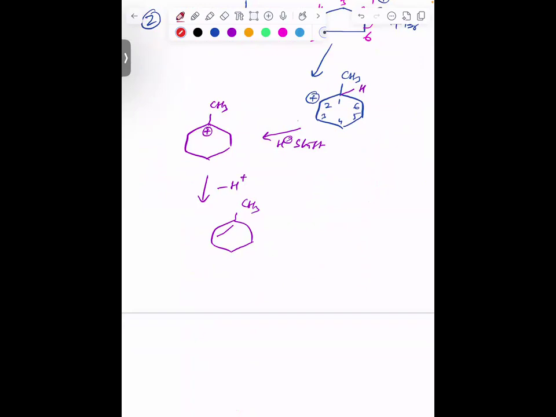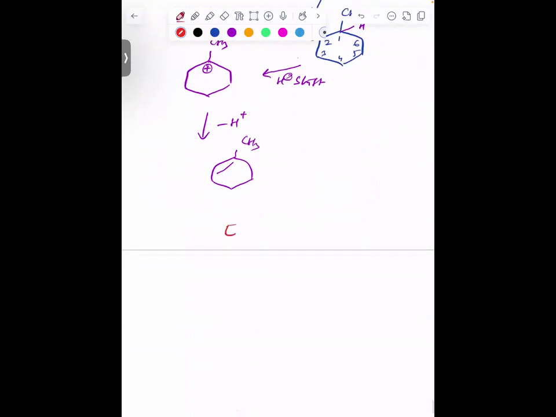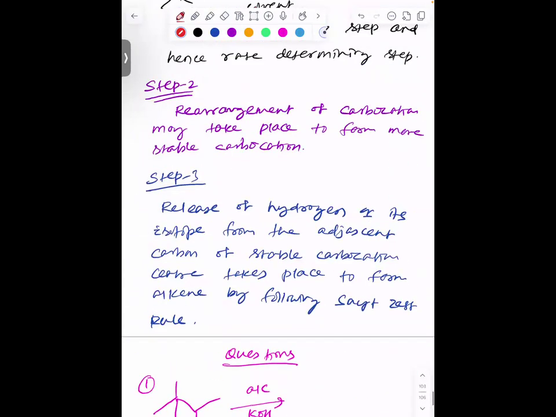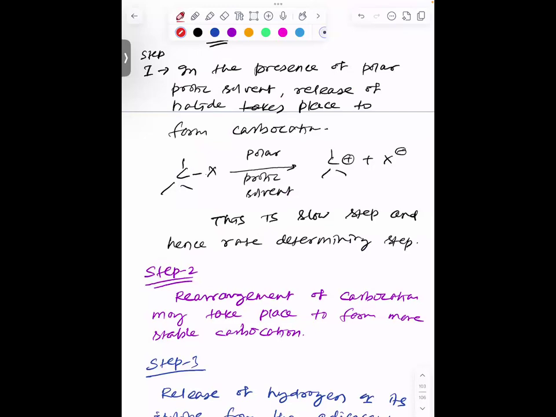Next is the E2 reaction. As we saw in E1, in the slow step, or rate determining step, the rate is proportional to haloalkane, because the solvent is present in excess quantity so it is not part of the rate determining step.